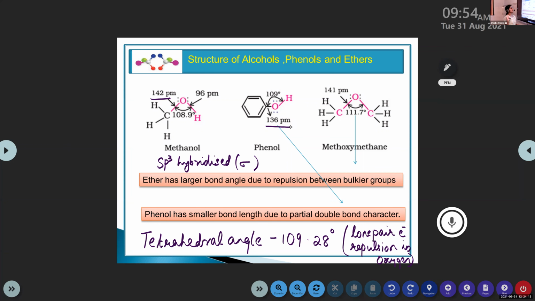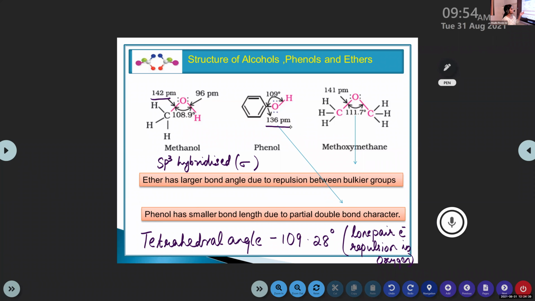First one is sp2 hybridized carbon. Here the oxygen atom is attached to carbon with a double bond, right? So it is sp2 hybridized carbon. And the second thing is partial double bond character that will be acquired by oxygen. Because resonance takes place, the electrons will be moved from one position to another. Then the oxygen also acquires a partial double bond character.